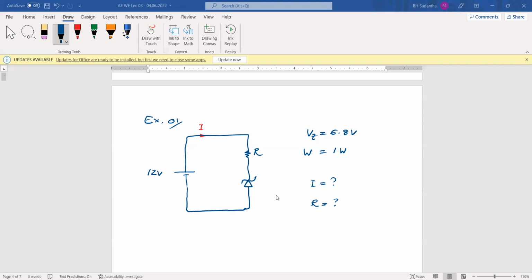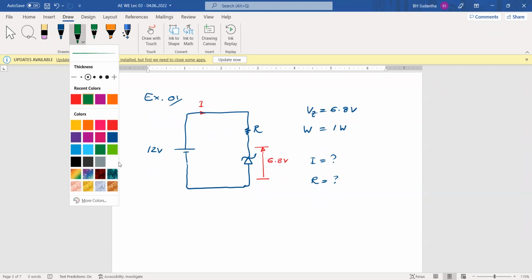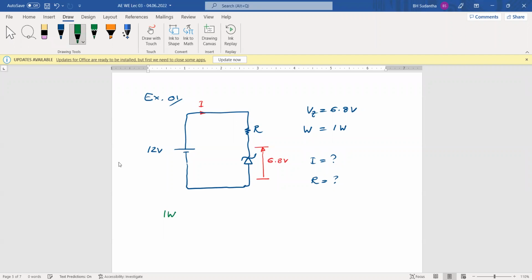Okay, then how can we do this calculation? Now here across the Zener diode, what is the voltage here? It's 6.8 volts, the Zener voltage. We can find this current. We have 1 watt and 6.8 volts Zener voltage.